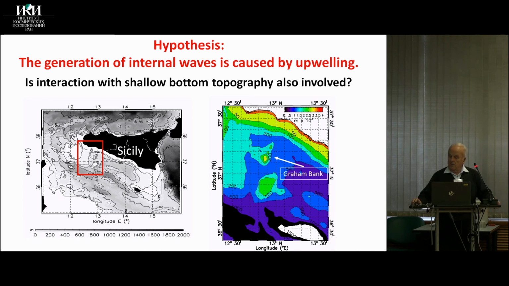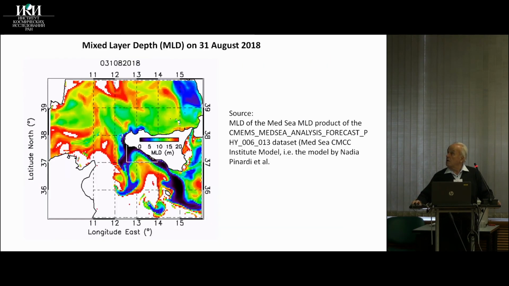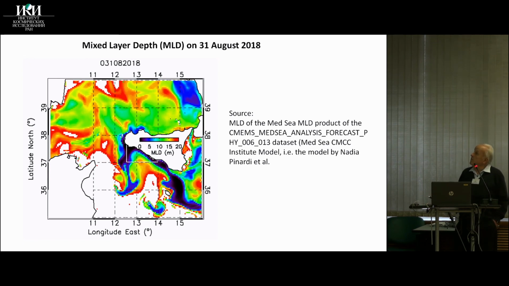And there is also then change in the mixed layer depth. So this is Sicily here, and you see here the east coast, and the depth of the mixed layer that comes from a project that is run in Italy.